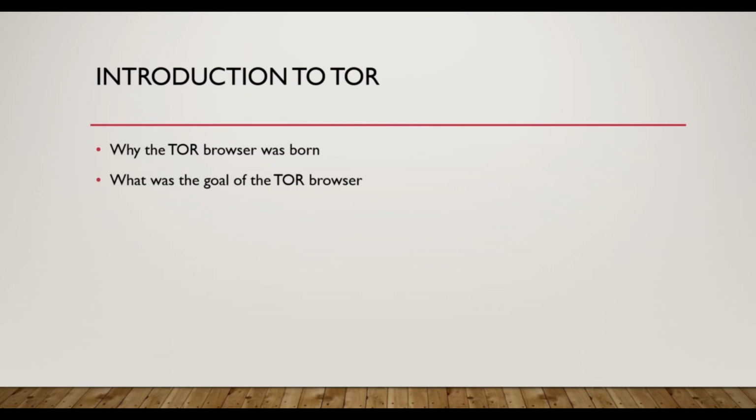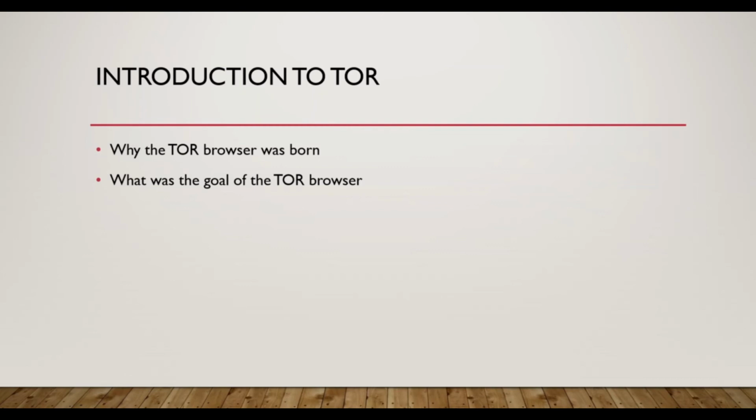Because when you're browsing, even with Tor, if someone wants to track you down, there are ways to track you down. With other browsers, it's very simple to track someone down. This is why the Tor browser was born, to help people stay anonymous online without having everyone know what they do exactly. So that's why the Tor browser exists.